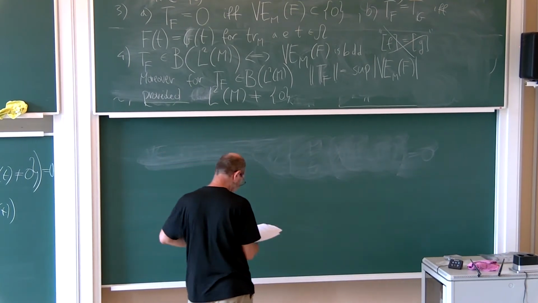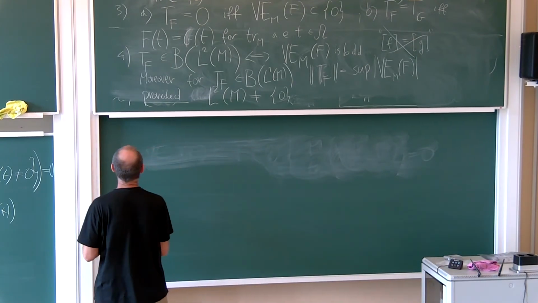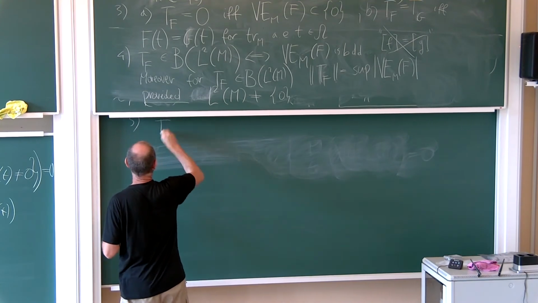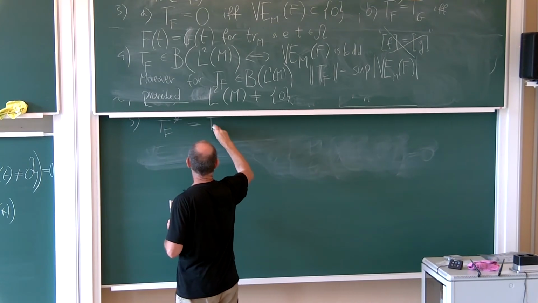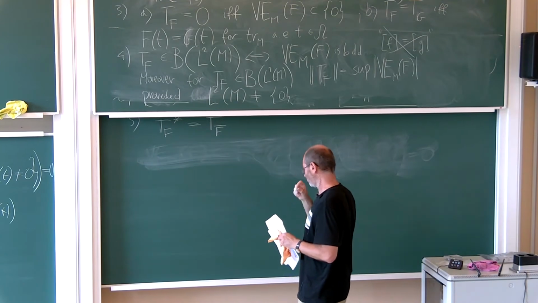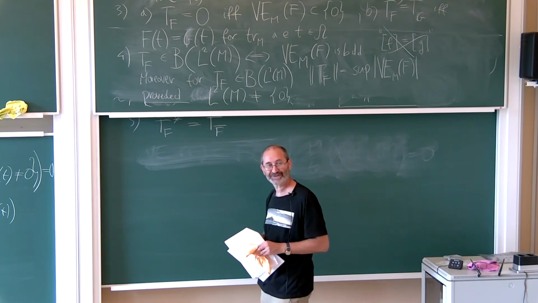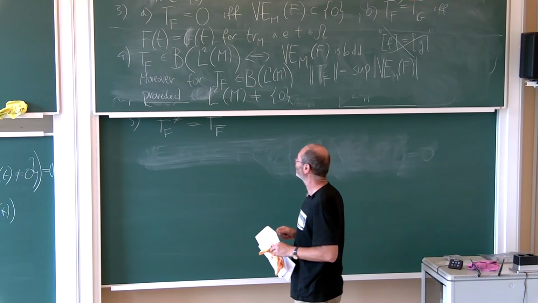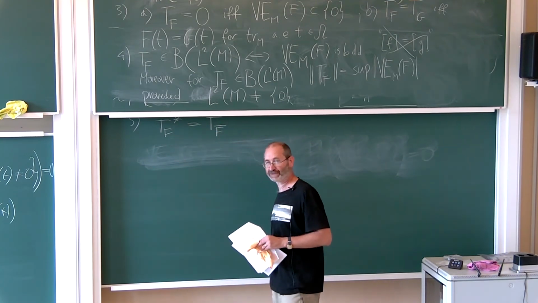And now, starting from now, I think, no, later, point 5: the adjoint operator for Tf is just T f conjugated. Yes, thank you. I forget every time the name conjugated in English. So when we take f conjugated, we obtain the adjoint operator.